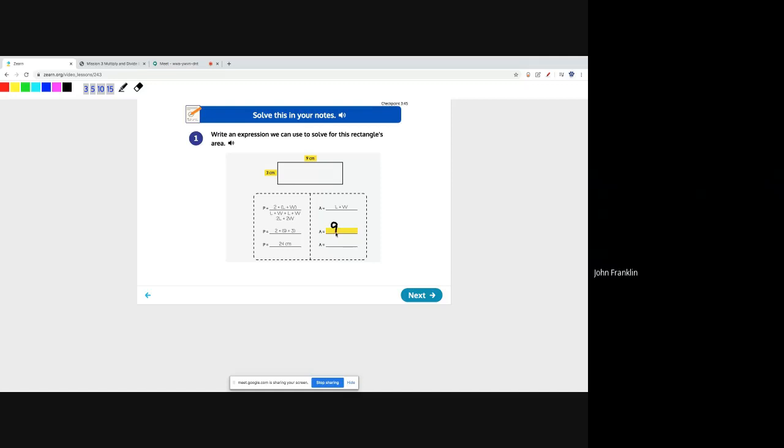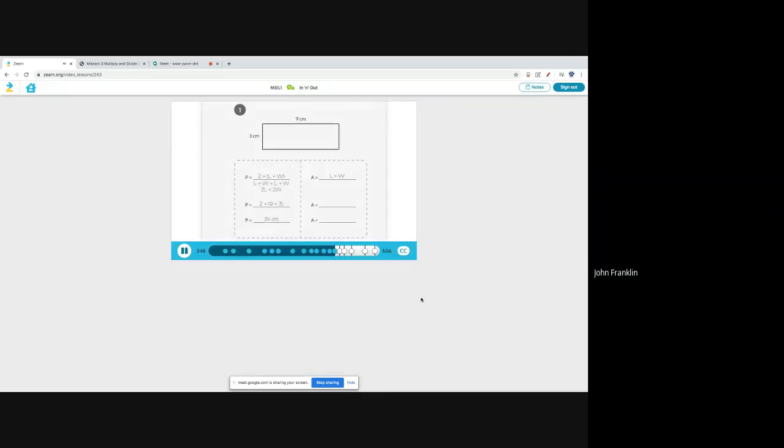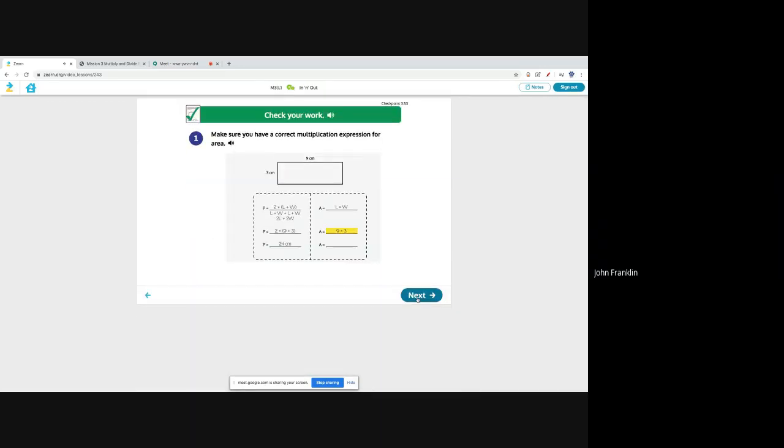The length is 9 and the width is 3. Okay, we'll go ahead and erase. The checking of the work would be 9 times 3.